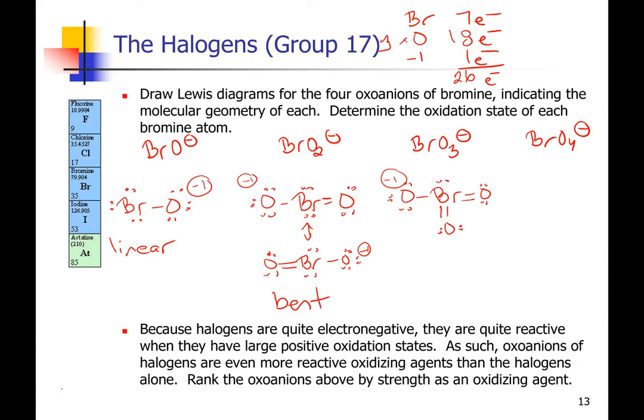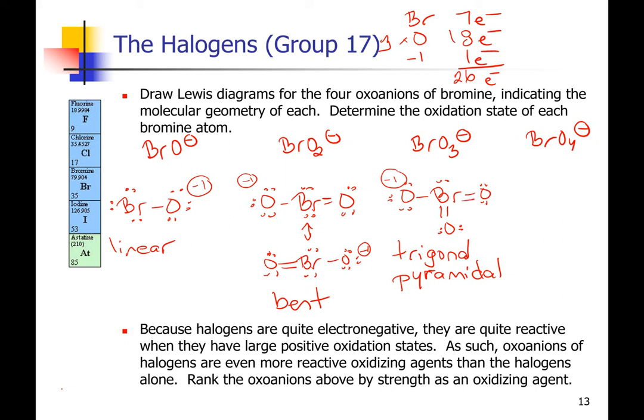In this case, there will be 3 resonance structures, and I don't have space to show all 3 of them, but recognize that the true picture would be an average of those. And if we look at this molecule, we can see that it has a trigonal pyramidal geometry. It is also tetrahedral electron group geometry, but 1 lone pair means trigonal pyramidal molecular geometry.